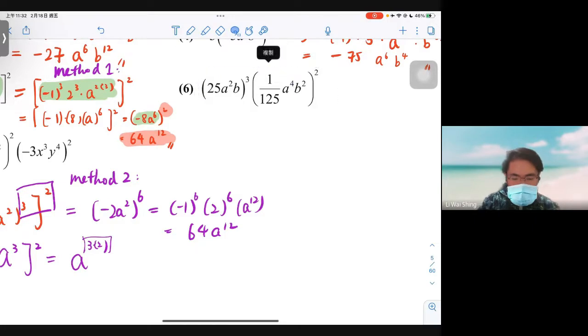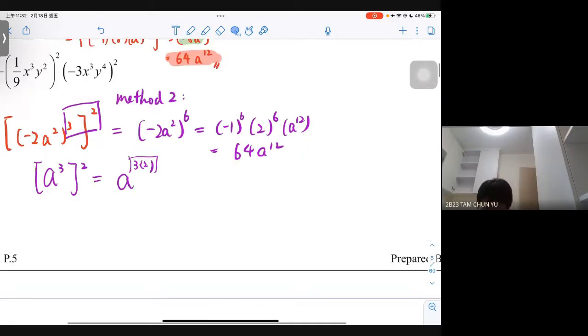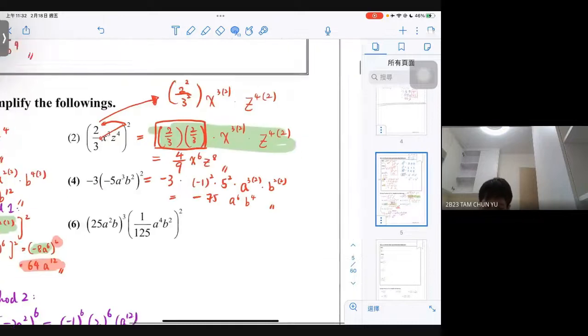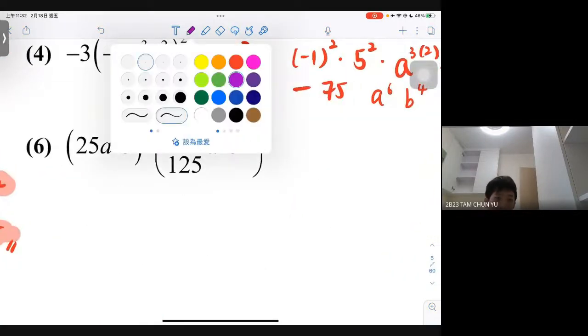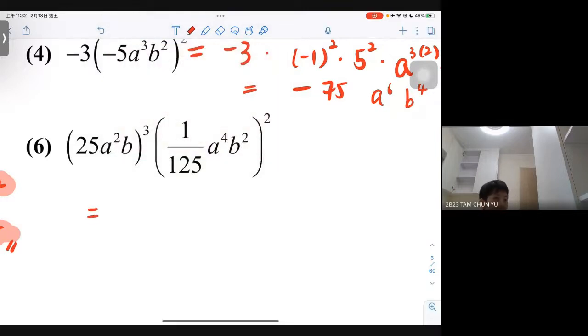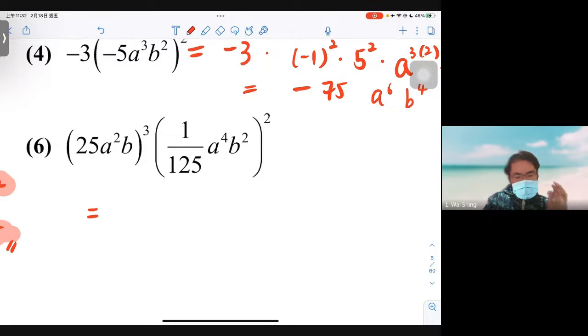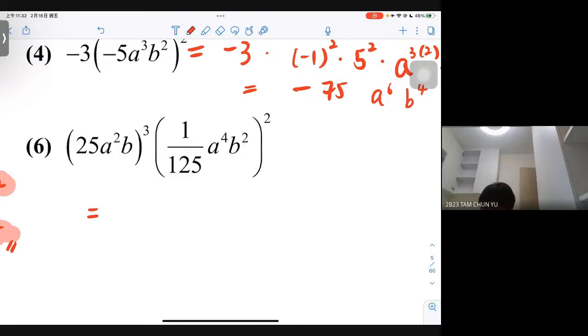First, give 25a squared b to a power of 3, give this number a square bracket. Can you just give me how it looks like? 15,625 a.